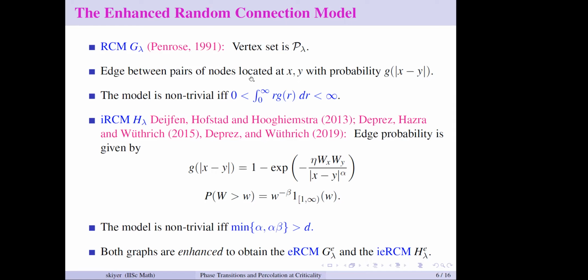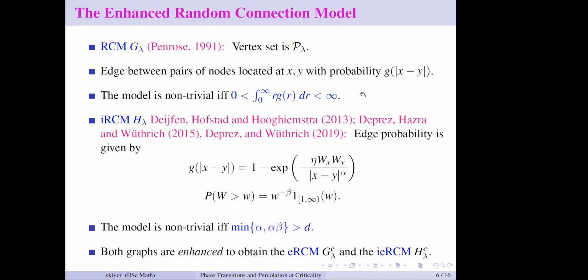There is an edge between any two nodes located at x and y with this probability, independent of everything else. This model can be shown to be non-trivial if and only if this integral here is strictly positive and finite. One can show that the degree distribution of any vertex is going to be Poisson with this mean. So if this is infinite or 0, then you would have a trivial model.